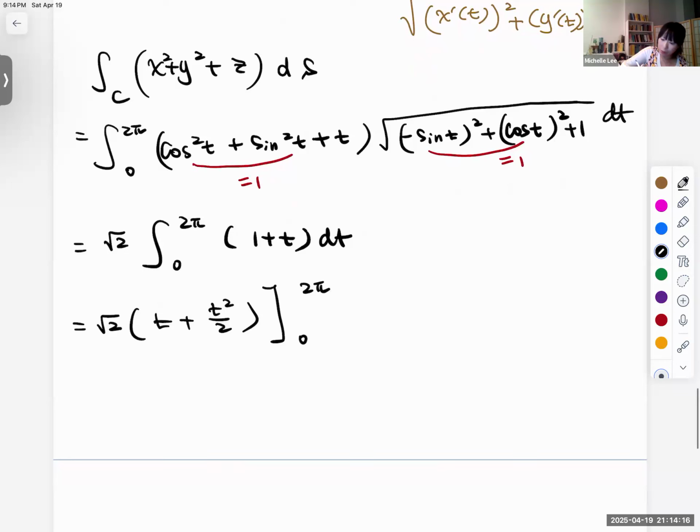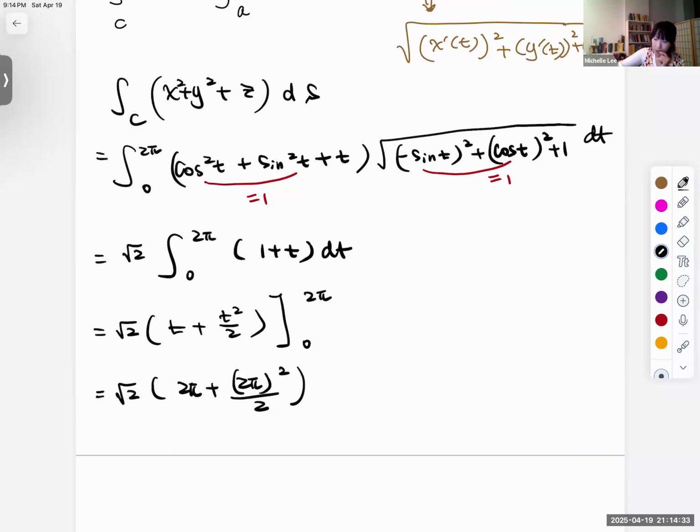So there will be the square root of 2 times 2 pi plus 2 pi squared, plus 2, and then the other one is 0. Okay. Can you please calculate? Did you get 36.8? Okay. Good job.